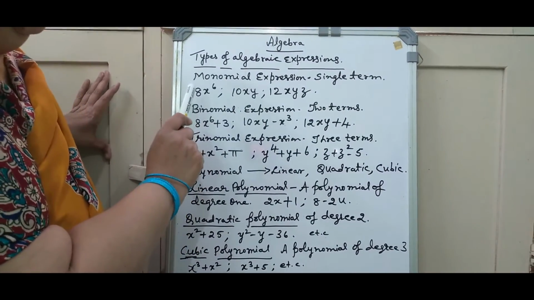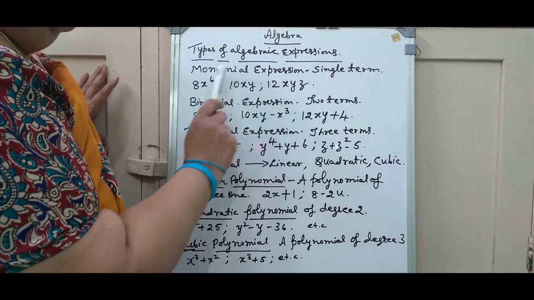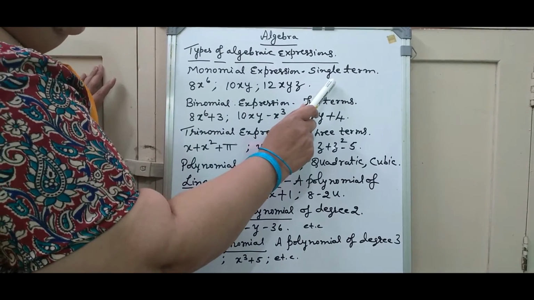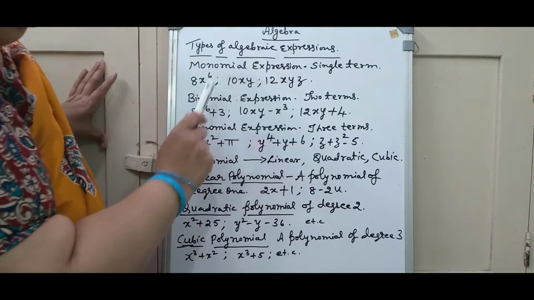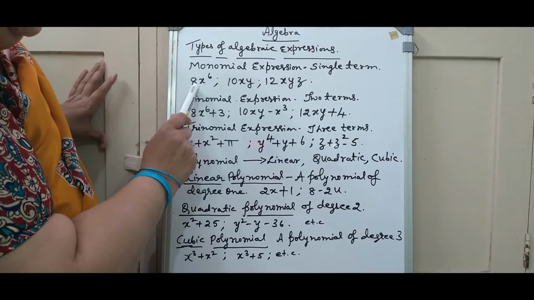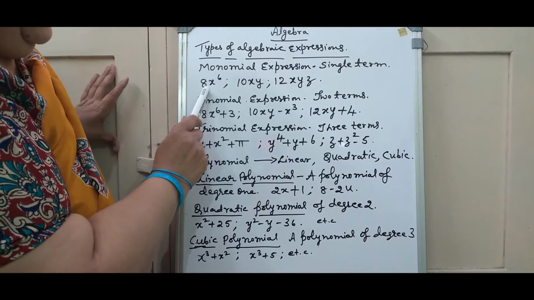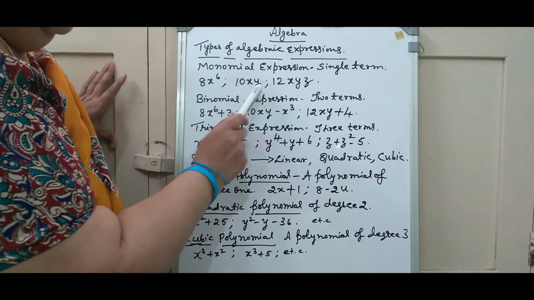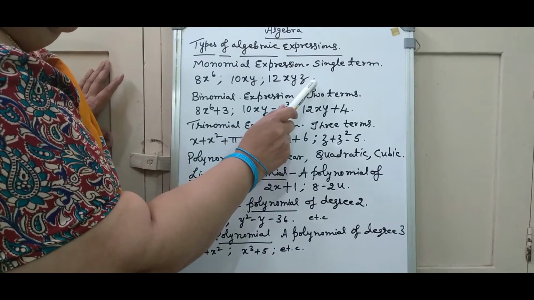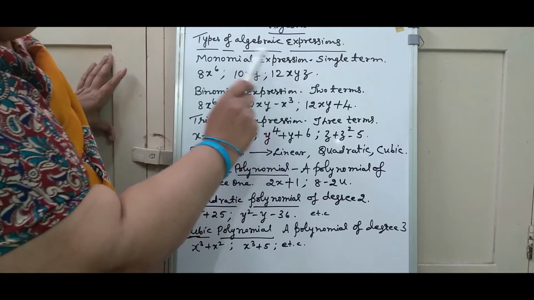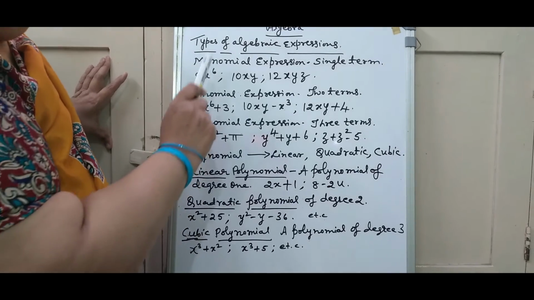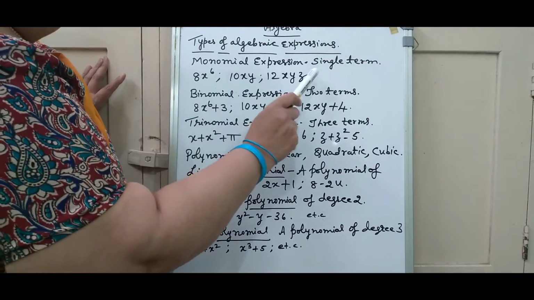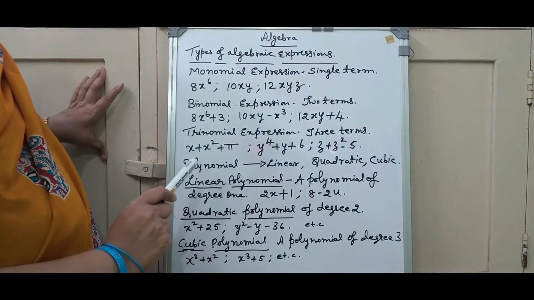The word itself tells you: mono means a single term will be there. I have given examples here: 8x to the power of 6, 10xy, 12xyz. I am giving very few examples. So a monomial expression consists of a single term.